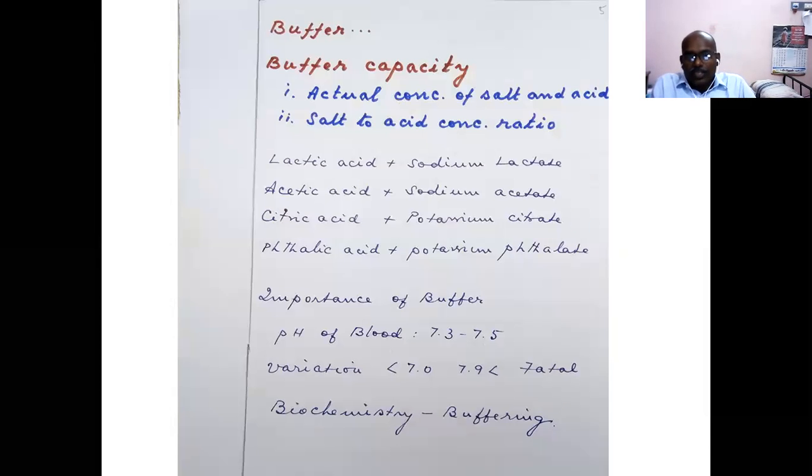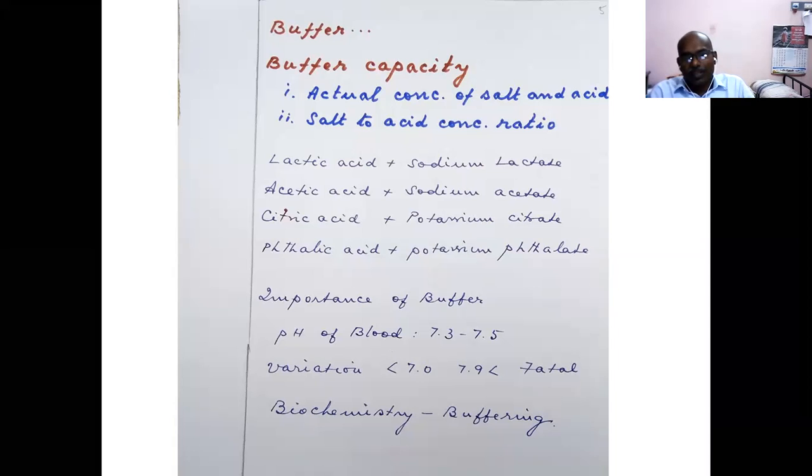Today we are going to see what is a buffer. Buffer is a mixture of a weak acid and its salt. If you take a weak acid or a weak base and mix it with the salt of the weak acid or base, then it is called a buffer.